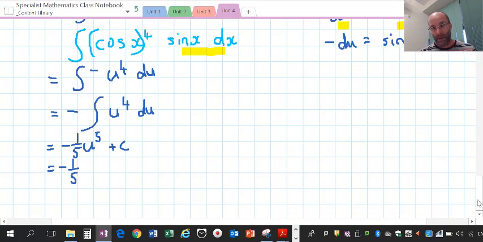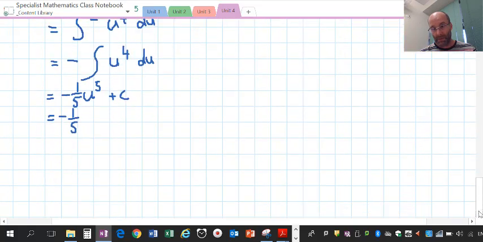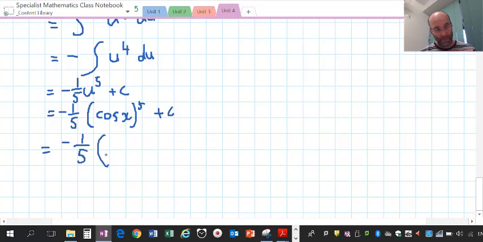So remember that the substitution was made, u is cos x, so we say negative 1/5 cos x to the 5th plus c, or even better, and in fact those brackets are not really required, so I am going to lose them.